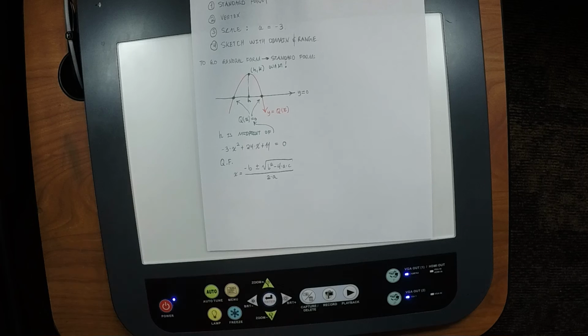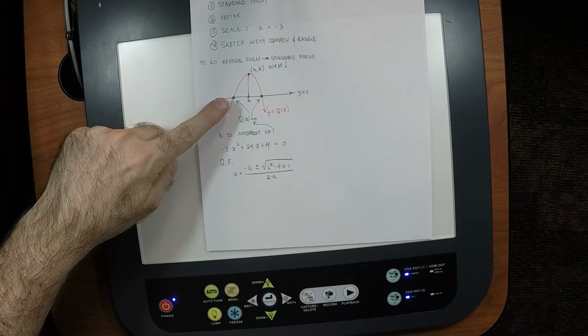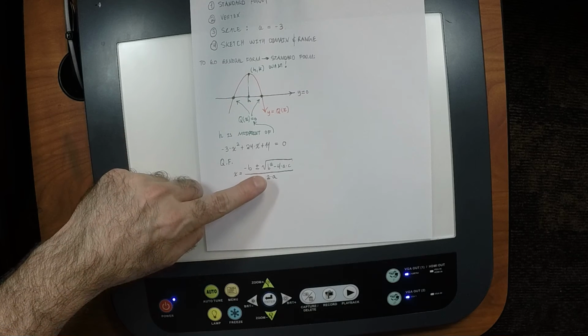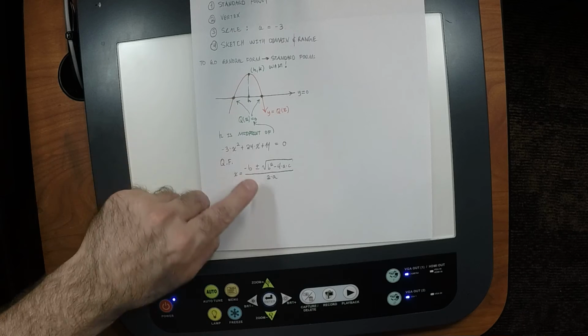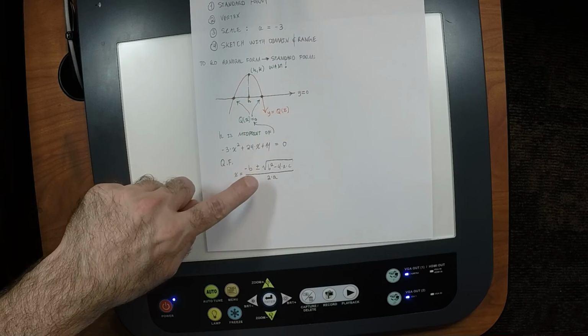So there are 2 solutions. The one on the left is what you get when you take minus, and the one on the right is what you get when you say plus.